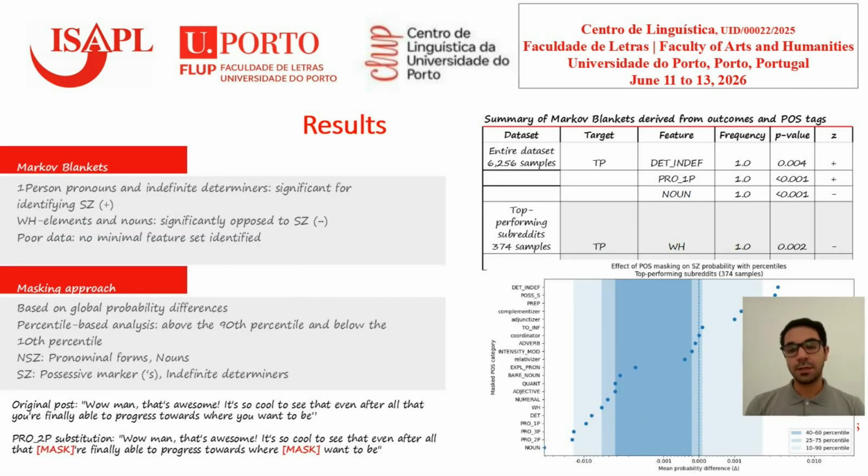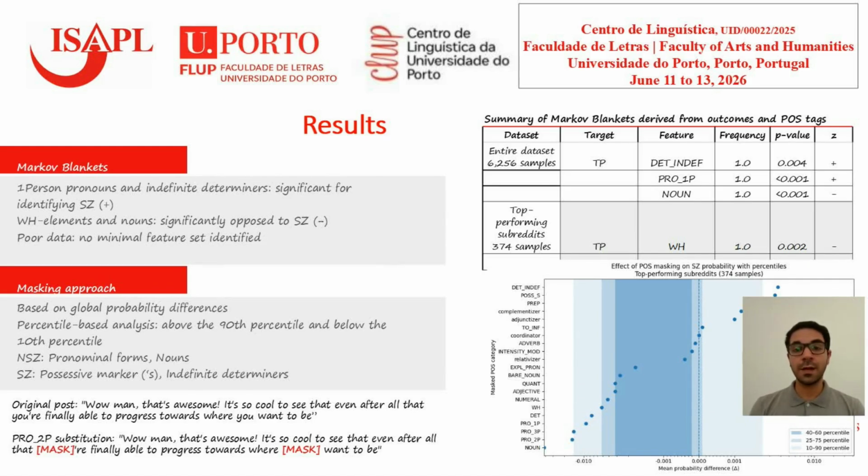The most prominent results derived from our set of explorations between lexicogrammatical categories and the model's outputs stem from Markov blankets and input masking approaches. Markov blankets are graph theory approaches in which you try to derive a minimum set of candidate features that can causally account for the prediction of a target variable.